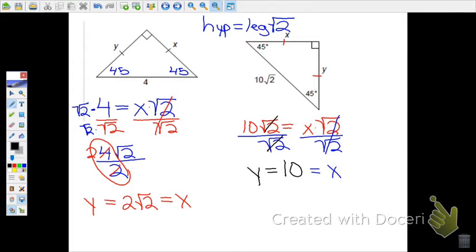So it doesn't matter if you're looking for the hypotenuse, which we did in the first two problems, or we're looking for the legs, which we looked for in these last two problems. You're still using this formula, hypotenuse equals leg times square root of 2. Plug in what you know, solve for the other.